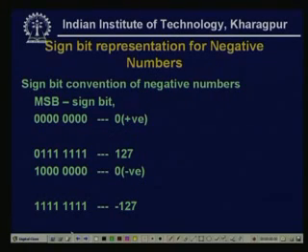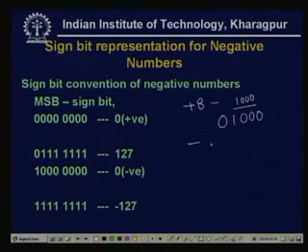See that if I want to represent say 8, we know the binary of 8 is 1000. If this is plus 8, so this is a 4-bit representation of 8. If it is plus 8, I am taking another MSB, it is 0 1000.